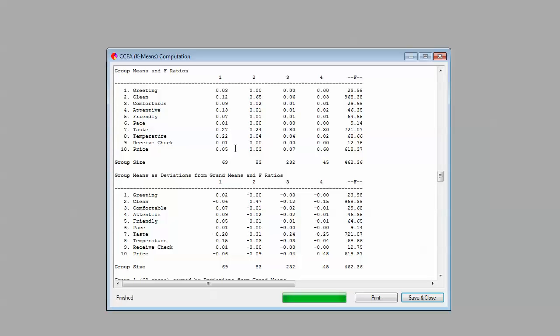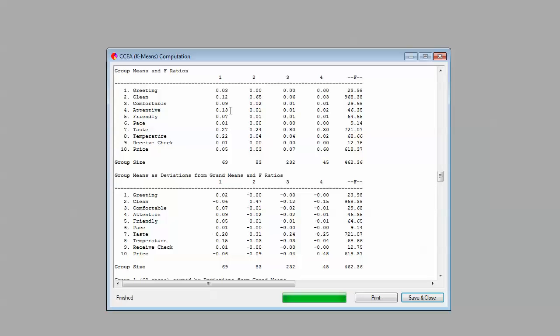And it looks like that segment is mostly about the temperature of the food, the taste of the food, the comfortable environment, the attentiveness of the server. So it looks like they're wanting sort of an across-the-board good experience, more or less. They're wanting attentive service, the food served while it's still hot, and good tasting food.